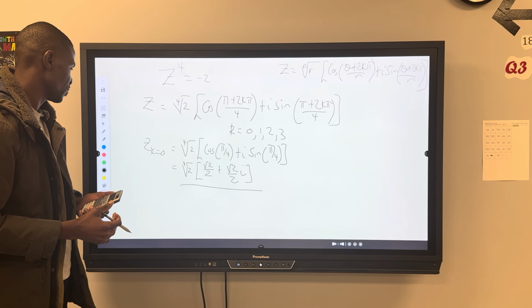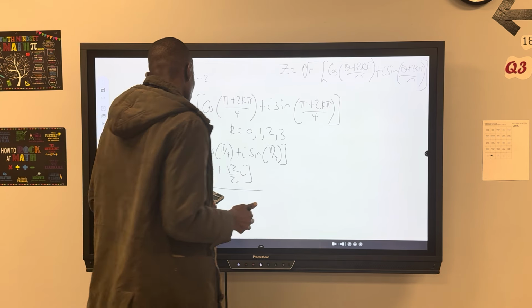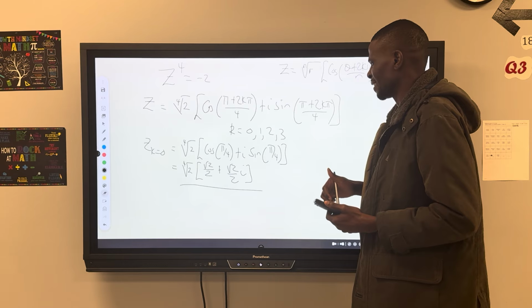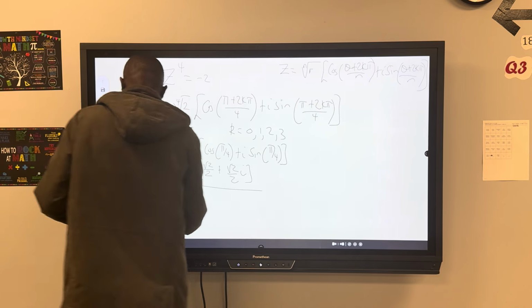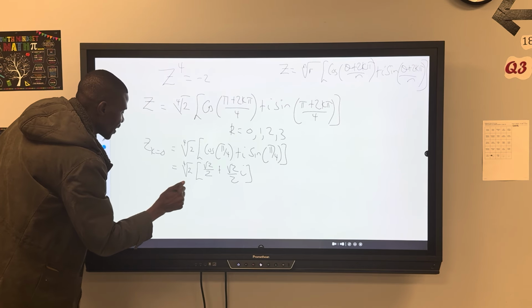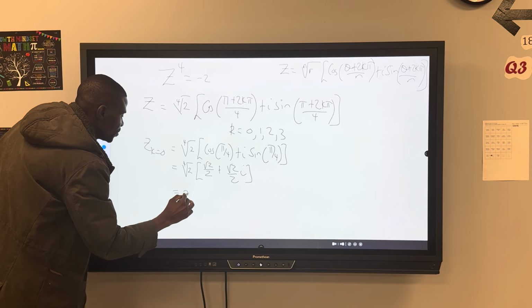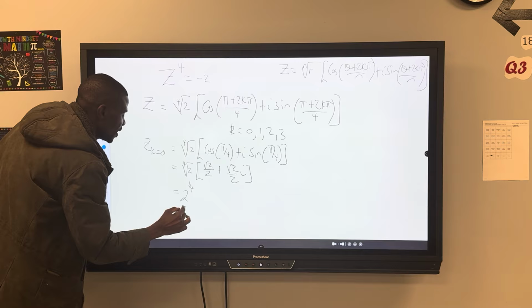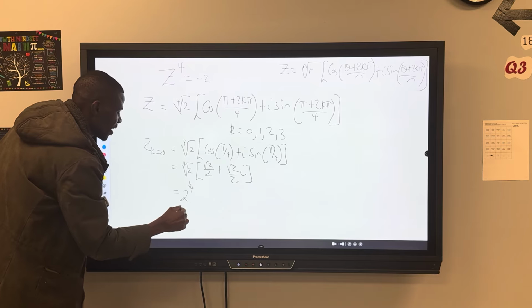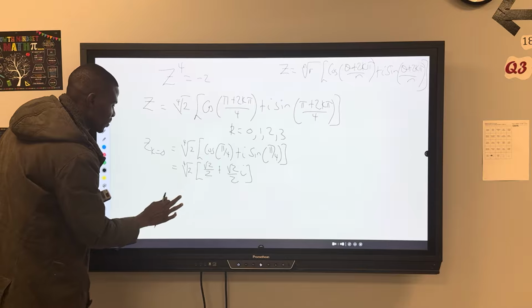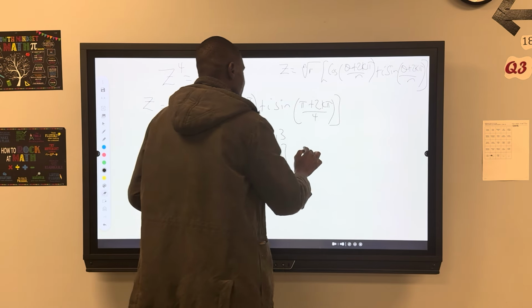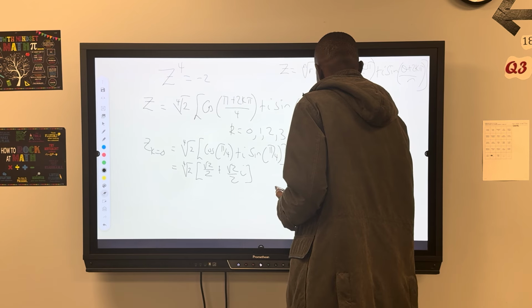Now let's move on to the other one. I know we can take out the 2, then from there we divide. Let's just leave it like that. We can write this as 2 to the 1 over 4, but if we take out the 2, we are going to divide. No, guys, why do we need to complicate our lives? So just leave it like this. Then let's see z when k is 1.